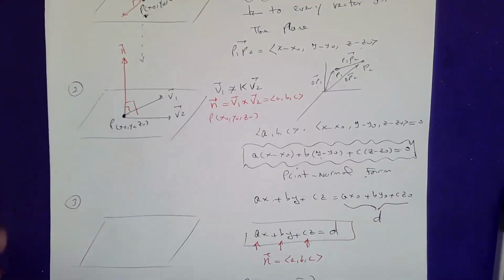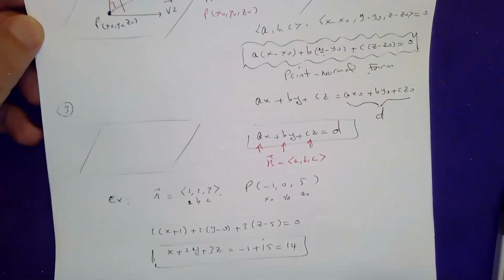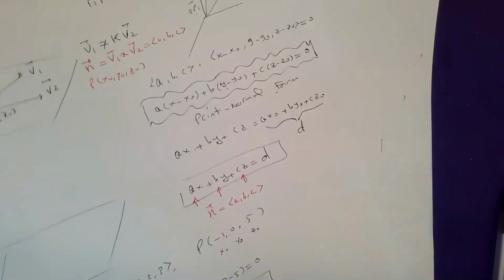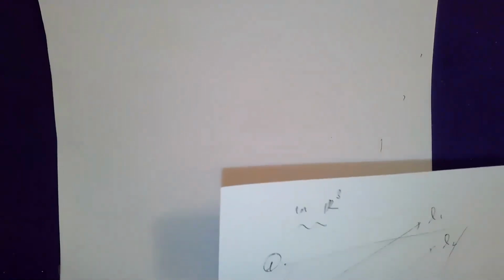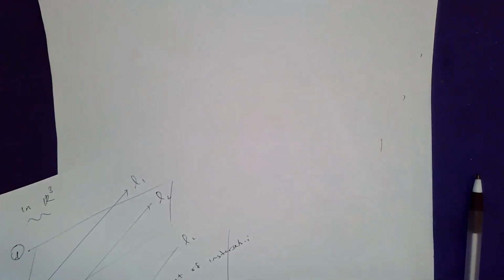Incidentally, speaking of a point on the plane, how would you know, let's say, where did I put it? Let me get back to this in one sec. Let me just ask you, where did I put the equation of a plane? Oh, right here.